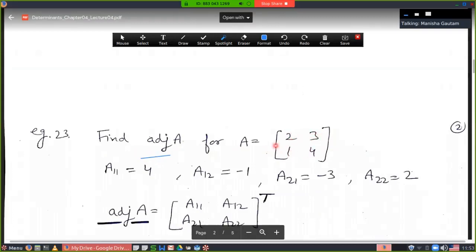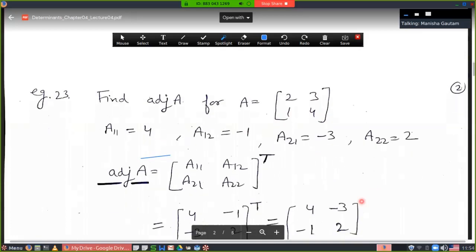The sign of 2 is plus, so it is 4. Now for 3, delete the first row and second column, you will get 1, but the sign of 3 is minus, so it is minus 1. The cofactor of 1 is minus 3. The cofactor of 4 is 2.